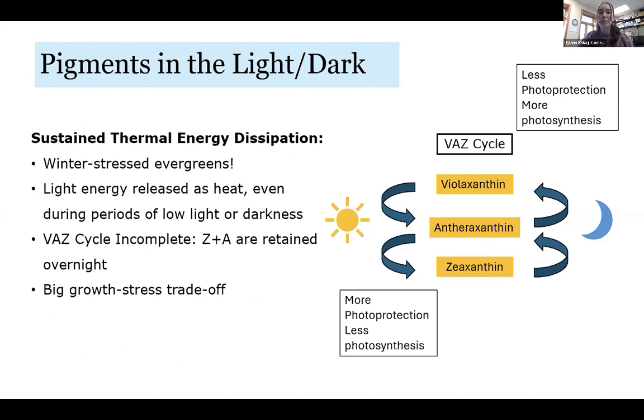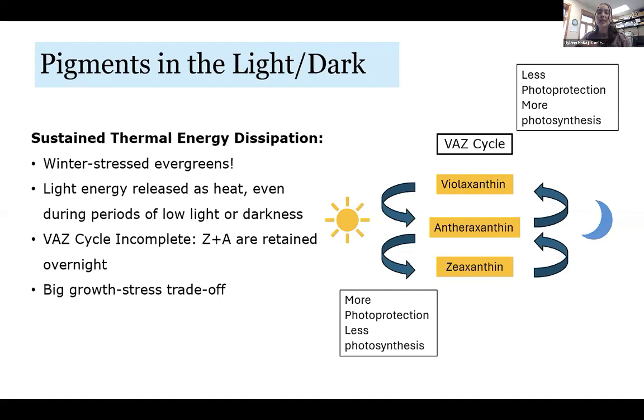However, there's a big growth stress trade-off that can occur, both in the daily and this long-term cycle of thermal energy dissipation. We see this long-term, what we call sustained thermal energy dissipation, occurring in winter-stressed evergreens. As you might have known, Rhododendron minus is an evergreen shrub.